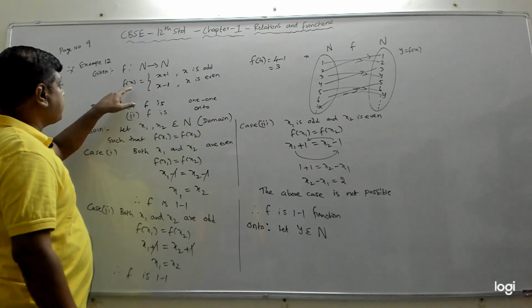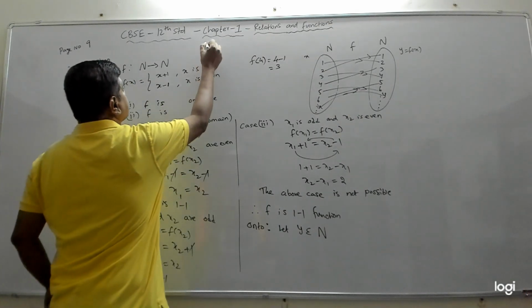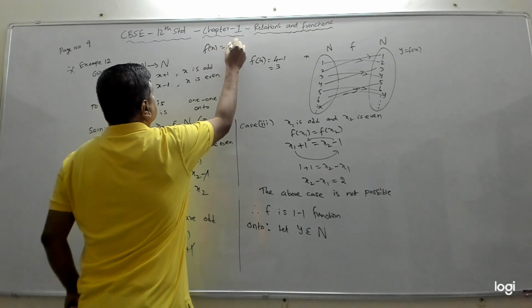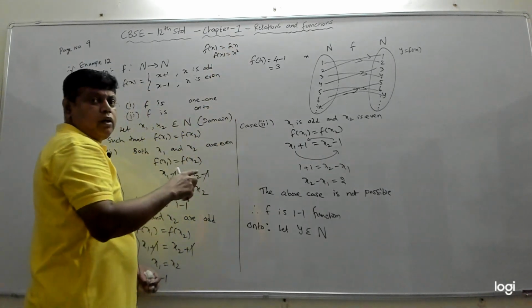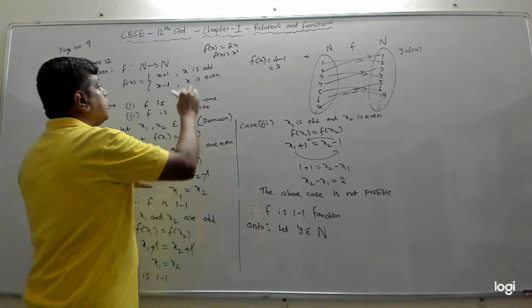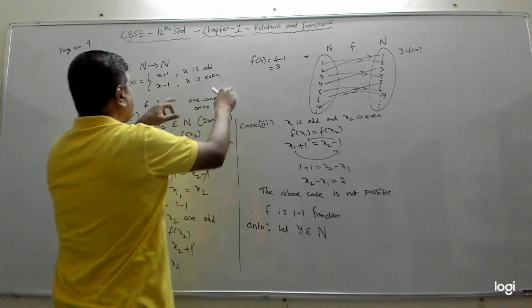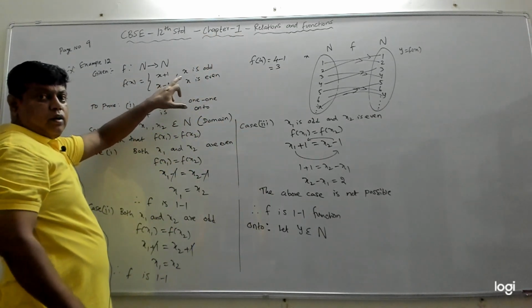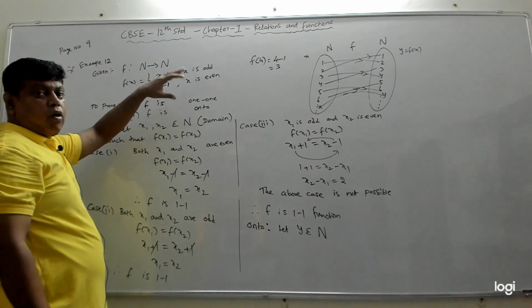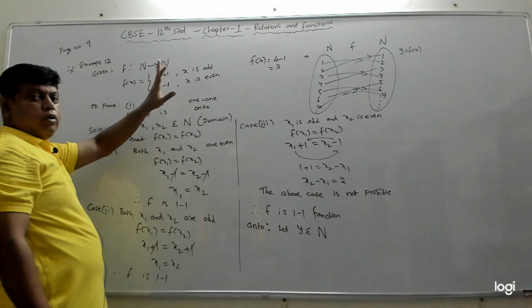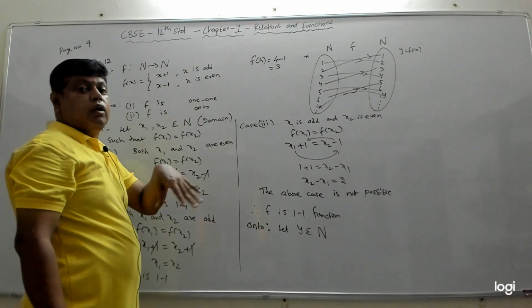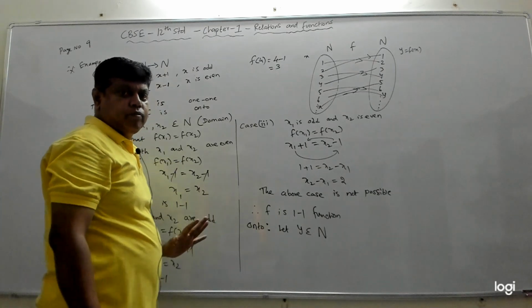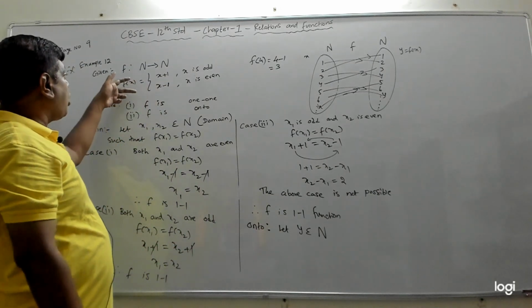If your f of x is not a single straight function, like f of x is equal to 2x or f of x is equal to x square, then you need not worry about cases. But when your f of x depends on the value of x, whether it is odd or even, or greater than 0 or less than 0, some condition, then we will get into cases, depending on how f of x is behaving.